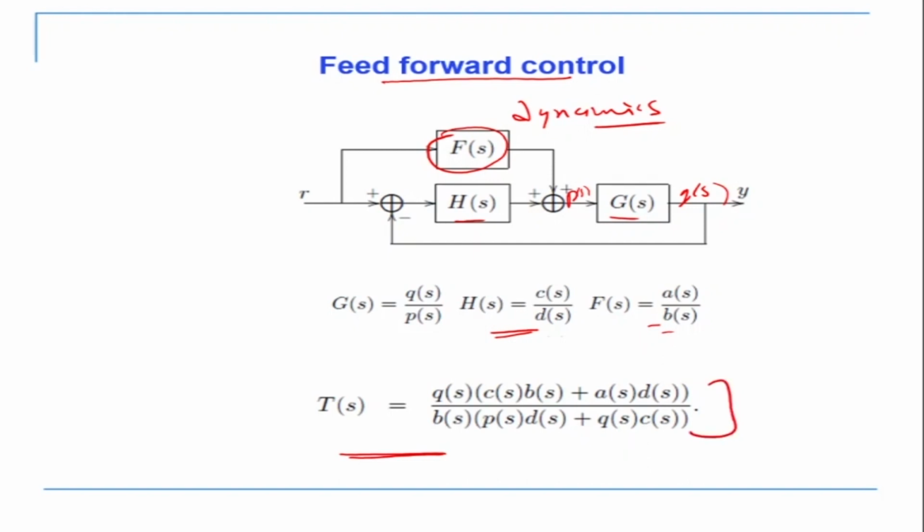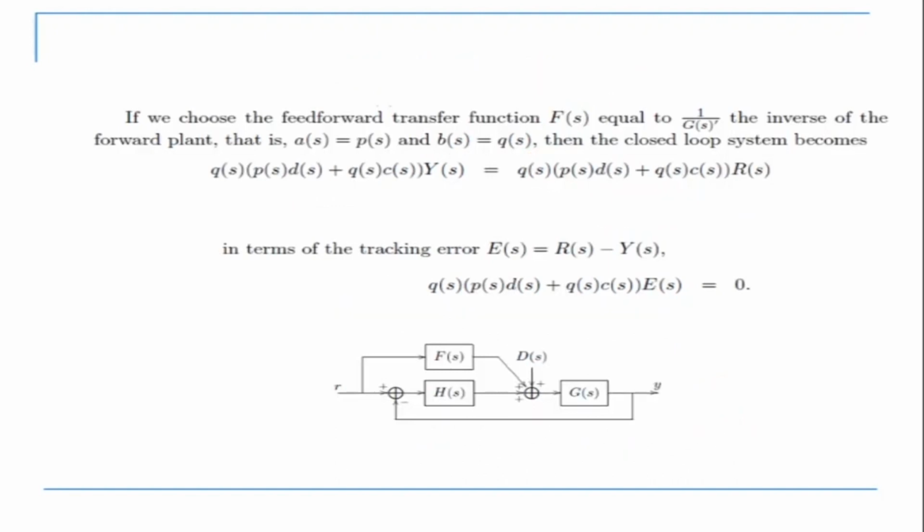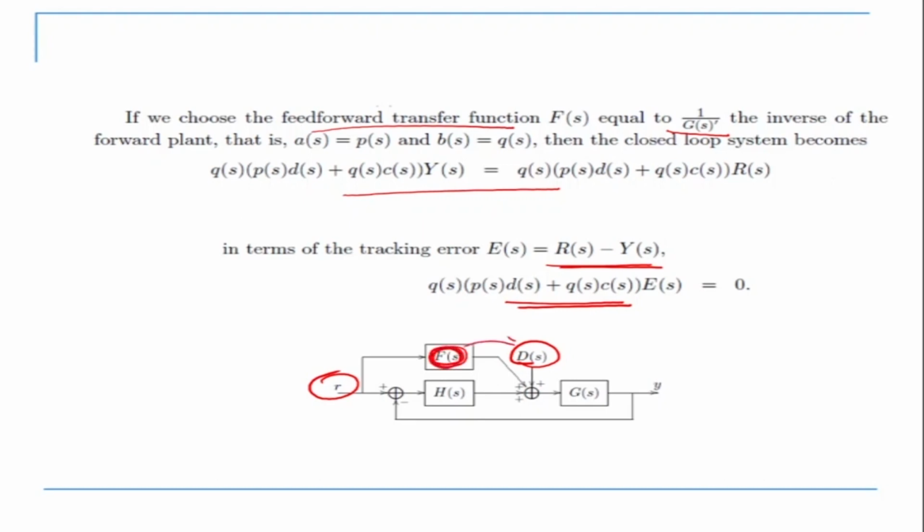Okay, what am I doing? I'm computing the dynamics and I'm giving it forward in that control equation. Now if you choose the feed-forward transfer function such that it is equal to 1 by GS dash, then the inverse of the plant is given by this and the error becomes equal to this, and we can show that the error becomes equal to 0. So in this particular case with the feed-forward controller, although there are two inputs, one input here, another input there, because we are able to compute the dynamics accurately here, I can take care of this disturbance that is coming.